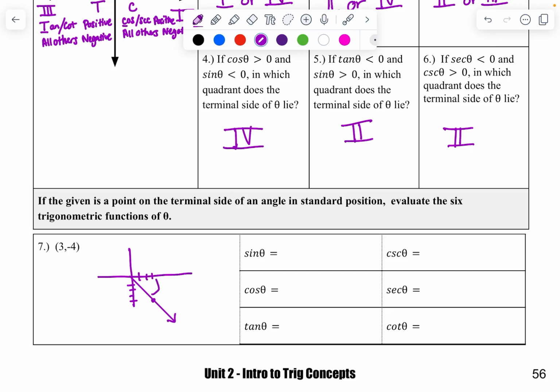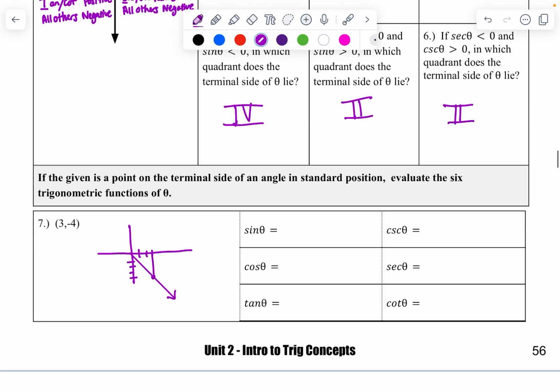And so here's theta prime that we're talking about. And so we can draw in our right triangle. This is 3, this is 4. And if you know your Pythagorean triples, it's a 3, 4, 5 right triangle. If not, do the Pythagorean theorem quickly and figure out your hypotenuse is 5.